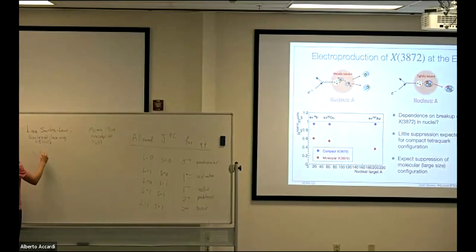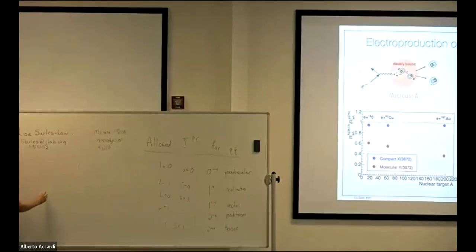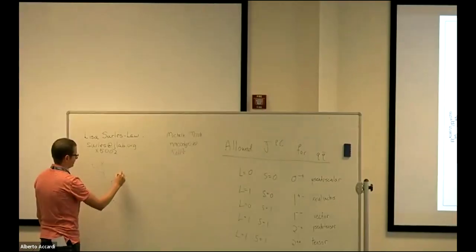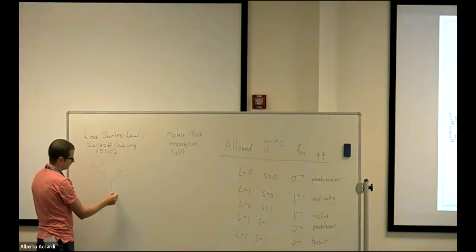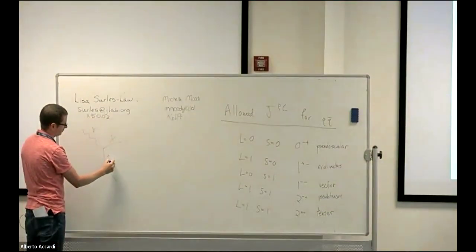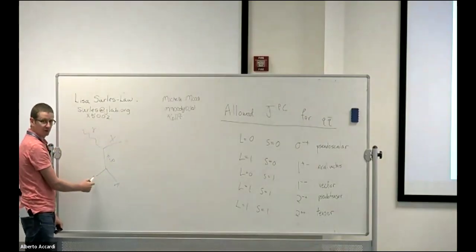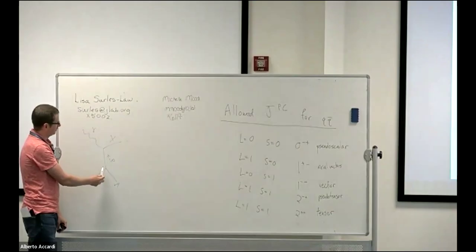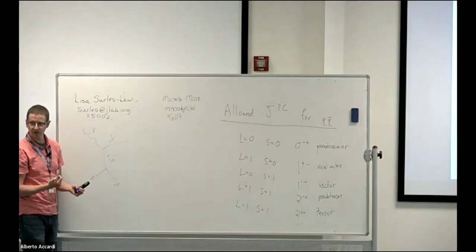You can have a photon come in and hit one of the nucleons or a nucleus in the target. You want to produce an X, so you need to exchange some hadron, some pion or rho or something else emitted from the nuclear target, and that interaction causes you to make the X.